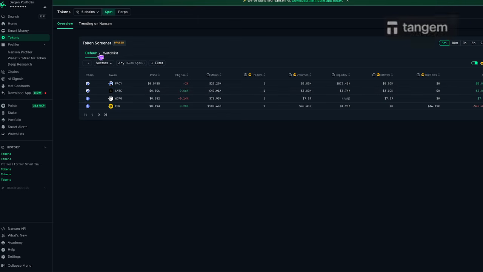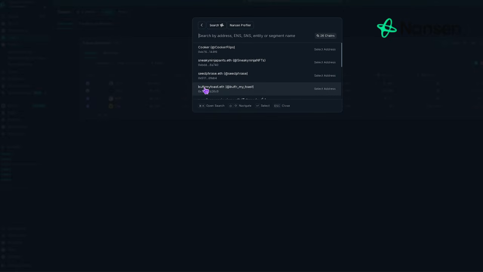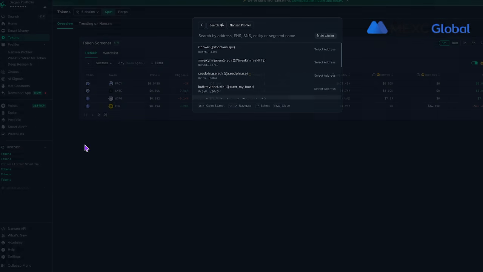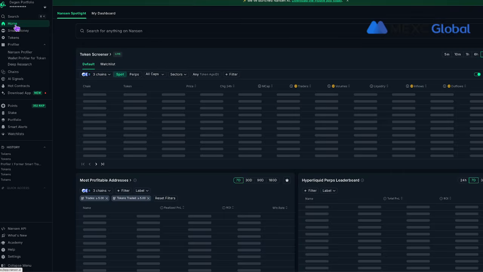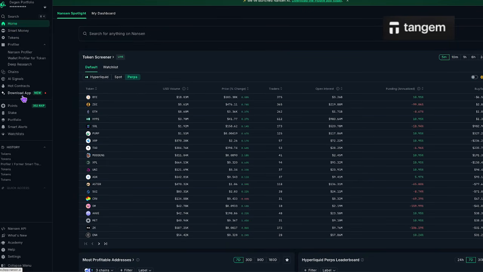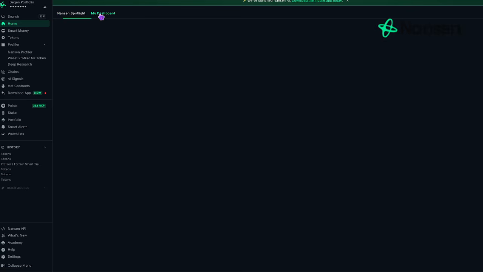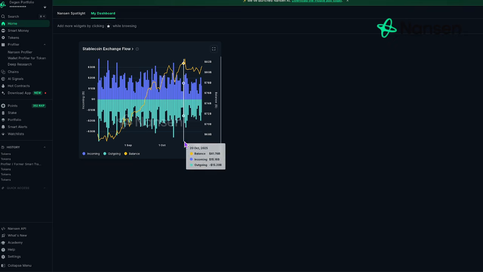I can look at the token screener, I can see net inflows. I could even go to the Nansen profiler and search specific profiles, specific wallets, or go deep search. Let me give you what the default home looks like. You can create your own dashboard here on Nansen.